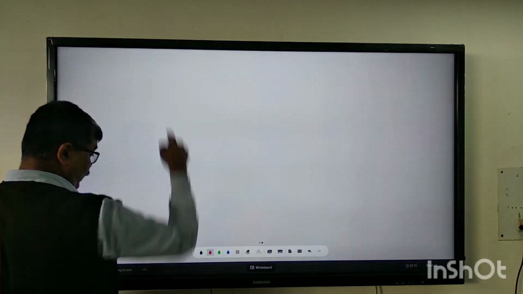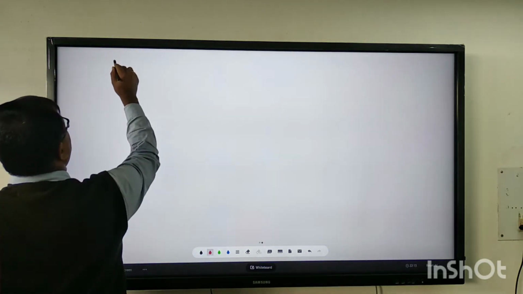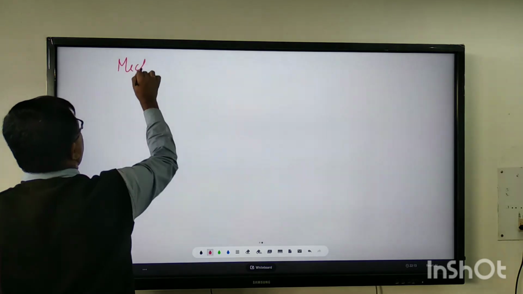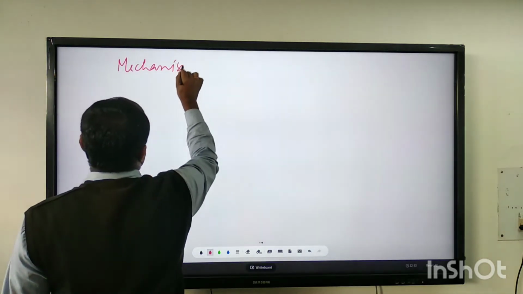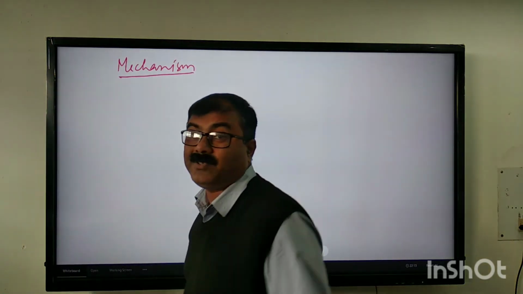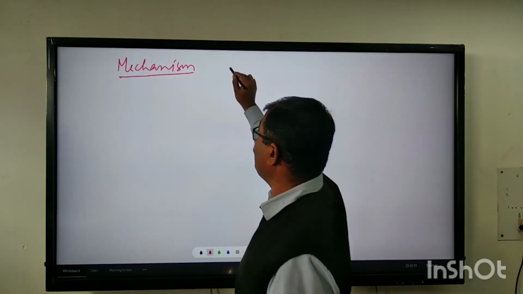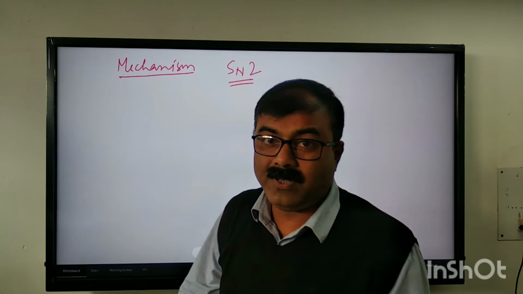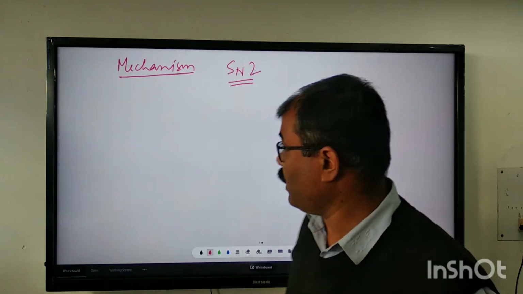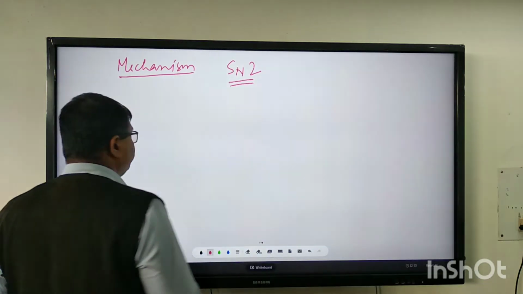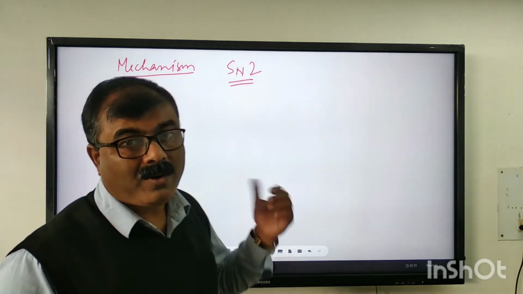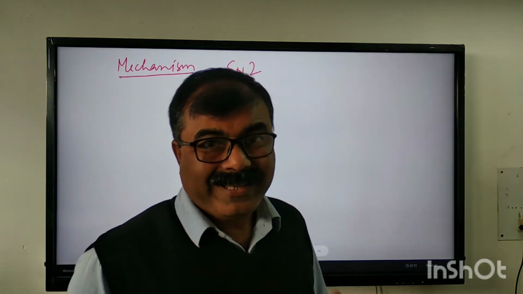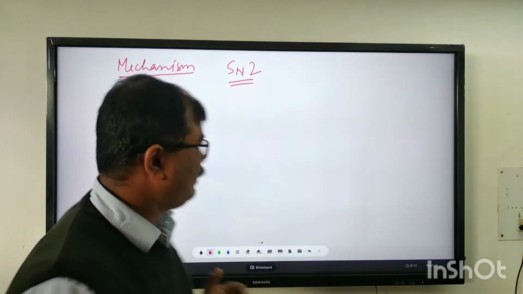So, reaction mechanism. The mechanism for this reaction, my dear student, is the SN2 mechanism. What? SN2, that is nucleophilic substitution bimolecular. So in this reaction, sodium alkoxide acts as nucleophile.